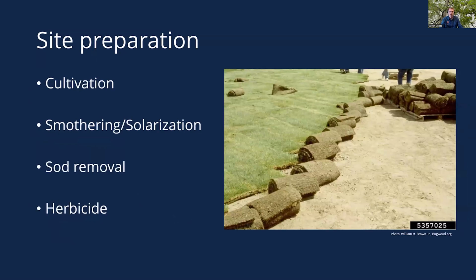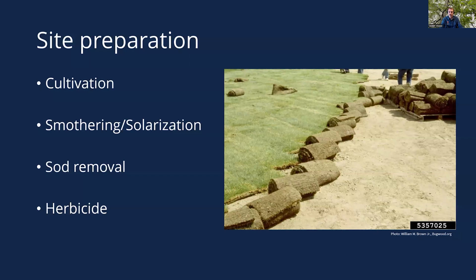If you're talking about working in urban systems, maybe in your yard, the site preparation might be a little different. You might not necessarily have invasive species. Well, you definitely can. I've seen a lot of invasive species within urban systems, but maybe you have a lawn that you're interested in converting to more of a woodland restoration or something.